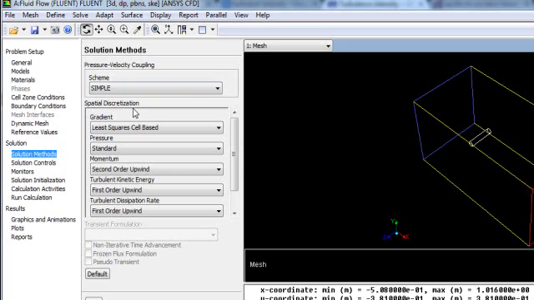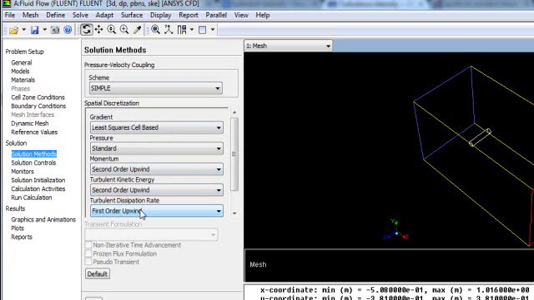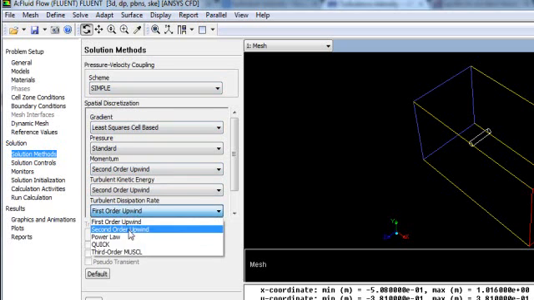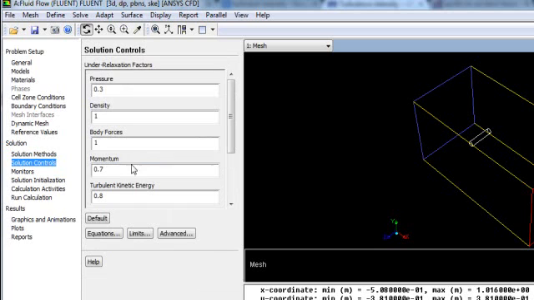For spatial discretization for gradient, we will use least square cell based, just like the laminar flow. For momentum, it will be second order upwind. For turbulent kinetic energy, it will also be second order upwind, and turbulent dissipation rate, change it to second order upwind. Solution control, these are the relaxation factors here.